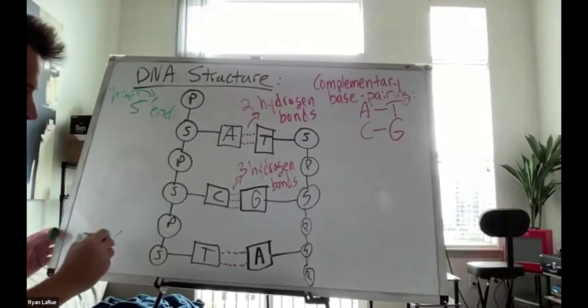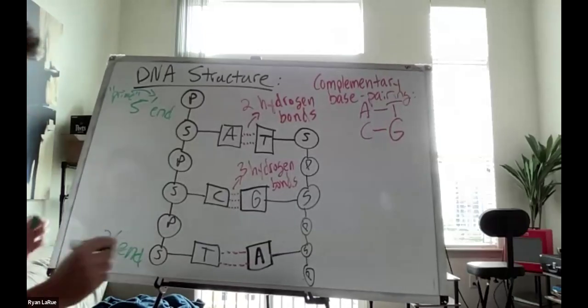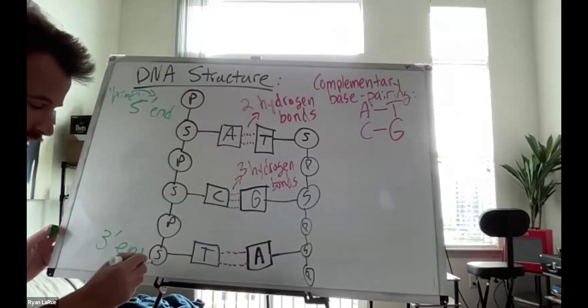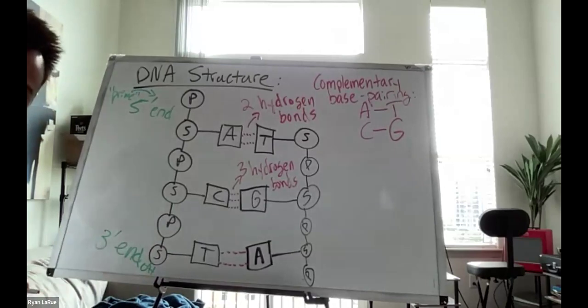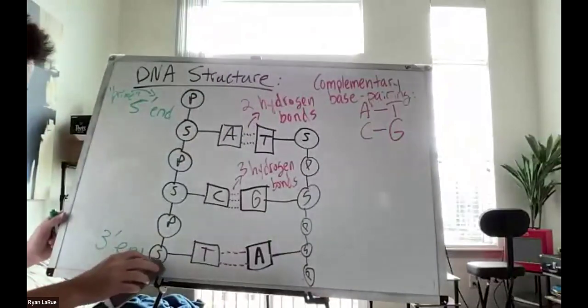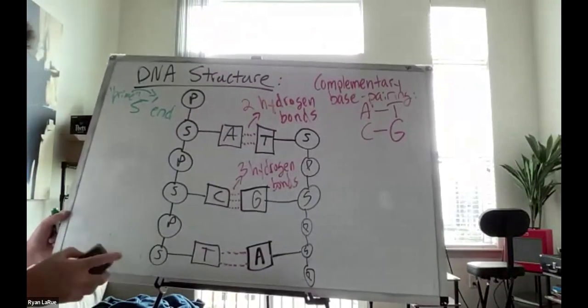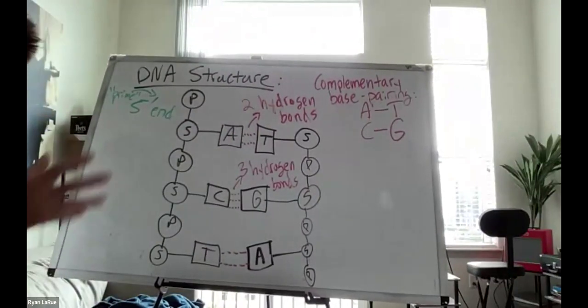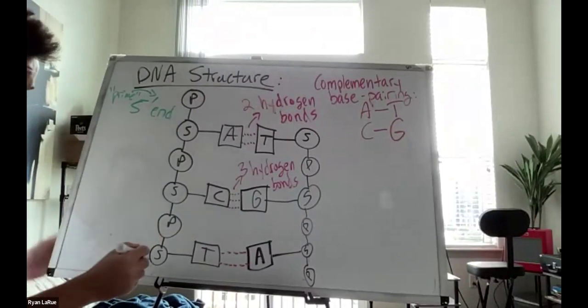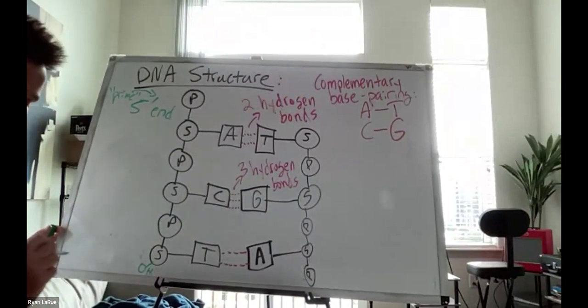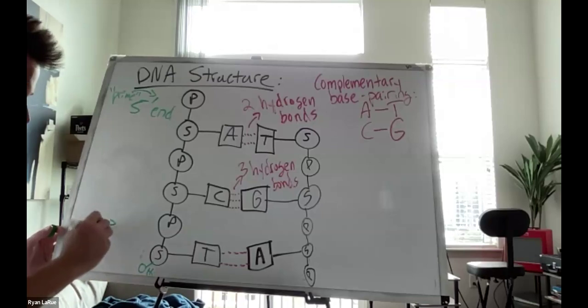So this is your 3' end here. And in fact, we can also draw in a hydroxyl group. I ran out of room, so I'll redraw that really quick. Sticking off the 3' carbon is an OH, a hydroxyl group. And this is your 3' end.